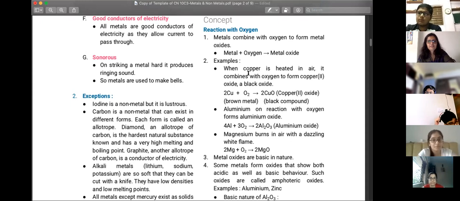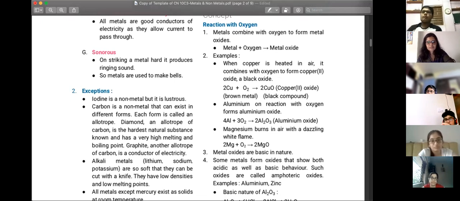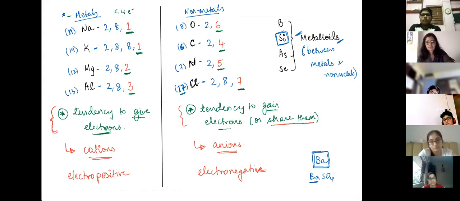The first one we have is reaction with oxygen. How do metals react with oxygen? What products are formed when a metal reacts with oxygen? Metal oxide. Excellent.